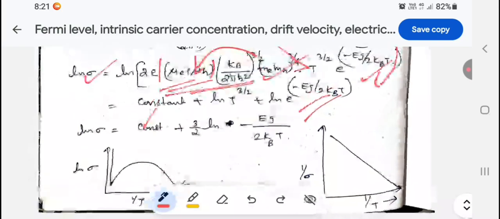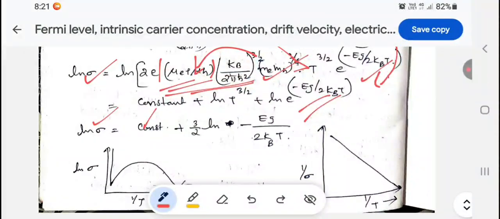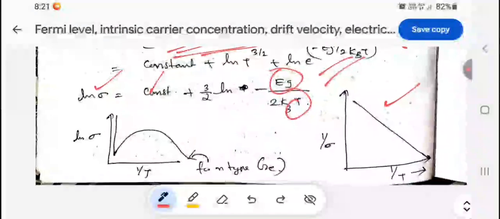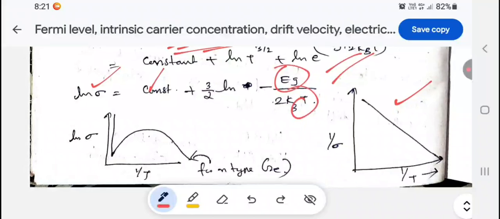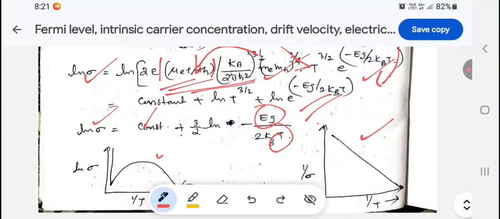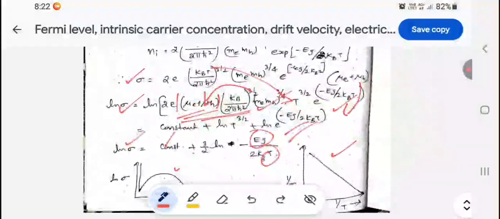So from this, the logarithmic term of electrical conductivity depends entirely on the energy gap and temperature. The rest of the terms are constant. So when we plot log sigma over 1 by T, the graph will be like this. For n-type germanium and silicon semiconductors, the values are given here.